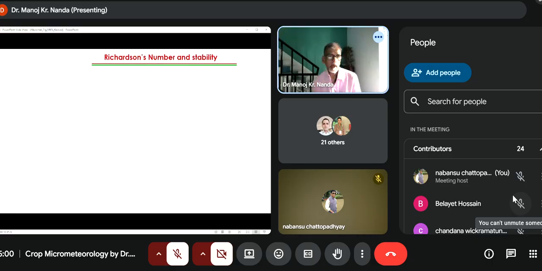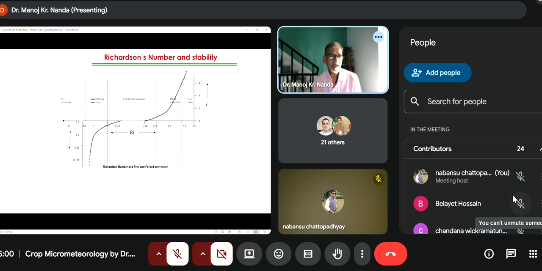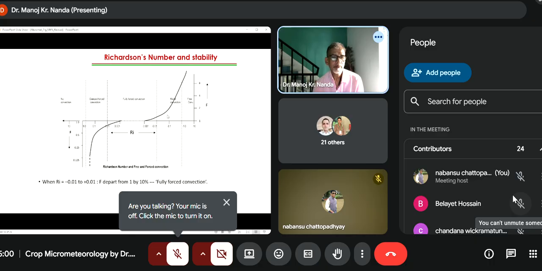Now, this is a graphical presentation of Richardson number and stability. See, this is fully forced convection, that is neutral stability condition. And this is damping of forced convection, that is as you are going to an inversion situation. And this is where upward motion is predominating, meaning there is a free convection zone.